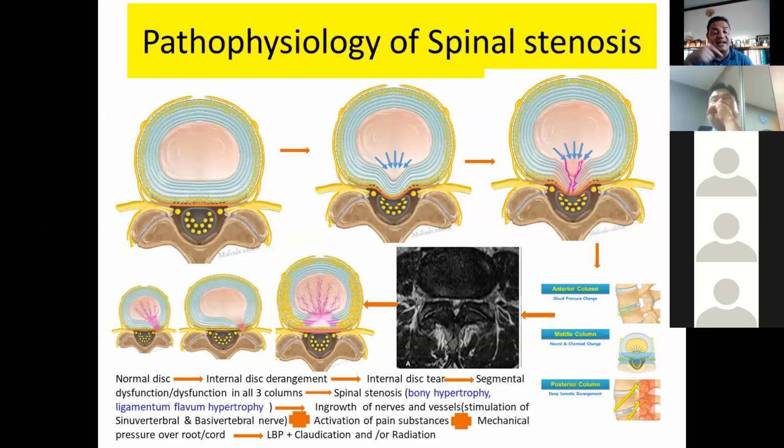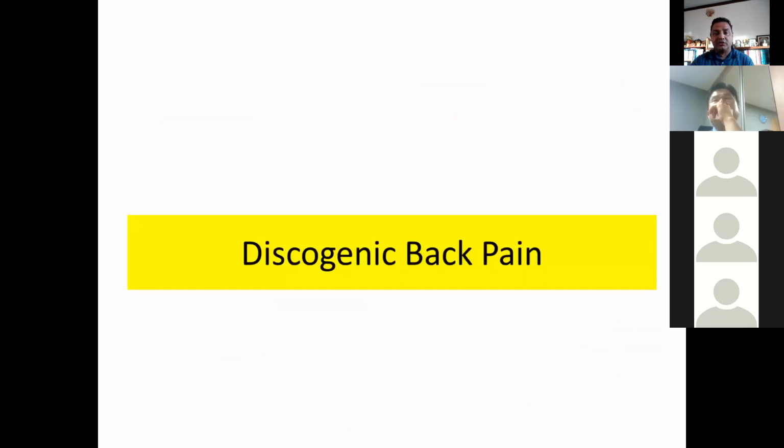So there is upward migration of the superior articular process that impedes the foramina. Because of that, there will be an ingrowth of nerves and vessels that leads to stimulation of the sinovertebral nerve and basivertebral nerve, activation of the pain substances, and mechanical pressure on the root and cord, so that ultimately leads to low back pain, claudication, and or radiating pain. This is the pathophysiology of spinal stenosis.